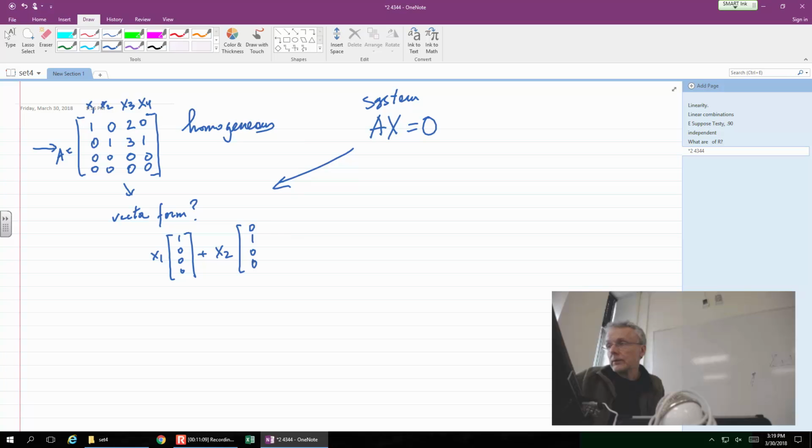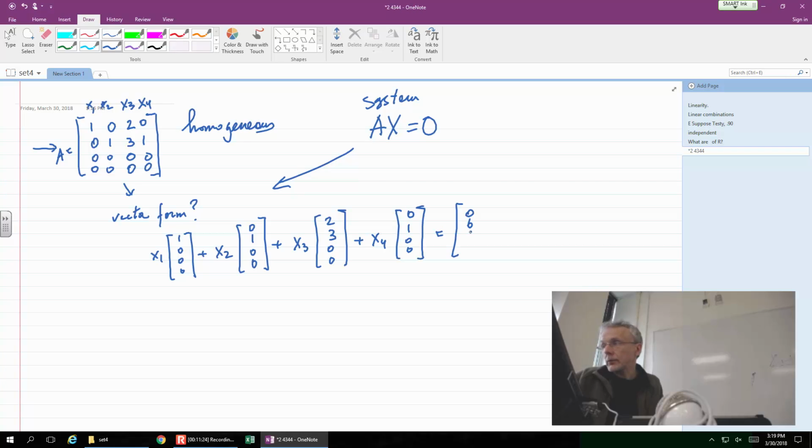In fact, it applies equally well to a non-reduced row echelon form, and it's supposed to be equal to 0.